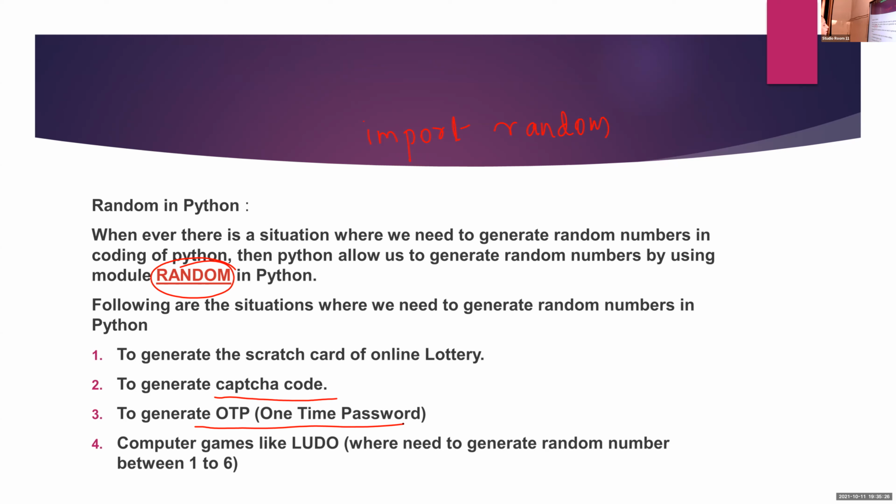That is based on this random. So when we are doing one project based on banking or something like that, you can include this topic also. If you want to generate one OTP, then you can use these random functions.